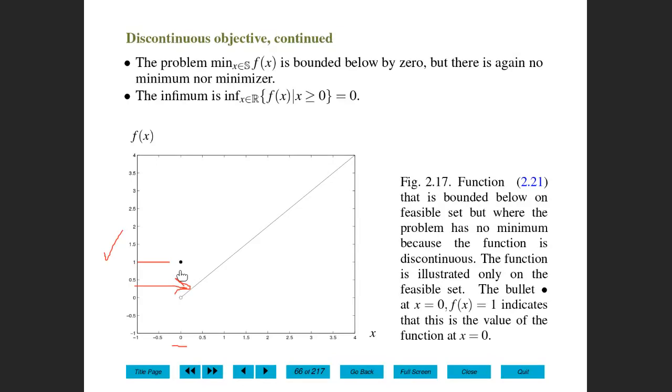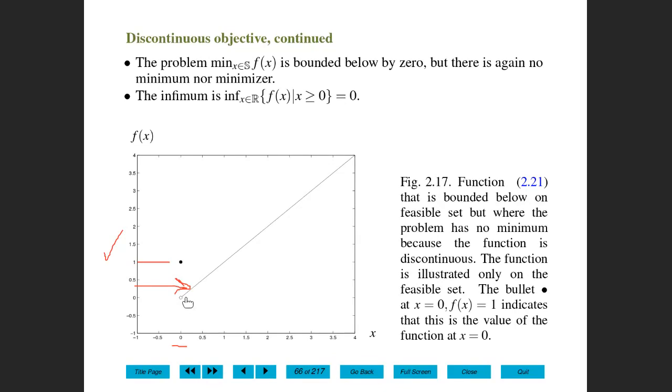So there is a discontinuity, and we give this kind of function a special name, which is a discontinuous function or discontinuous objective. But the main thing is, again, that we can't find the minimum, but the infimum is helping us, right?